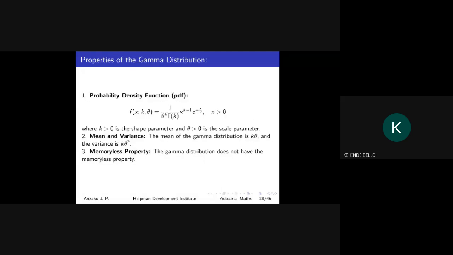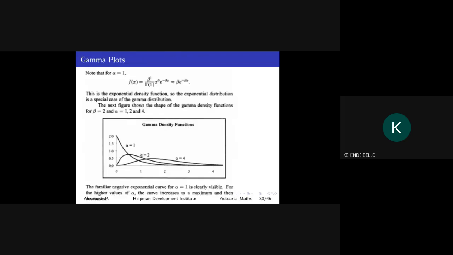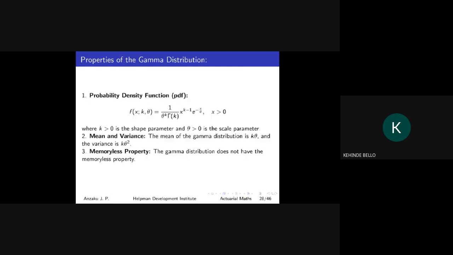So let's come to the gamma distribution here that we have. Let's say k equals 1. Let's come back here. We have 1 over theta, because k will be 1. 1 over theta, and we have gamma of 1, and we have x to the power of 1 minus 1, which is 0, and then we have minus x over theta.